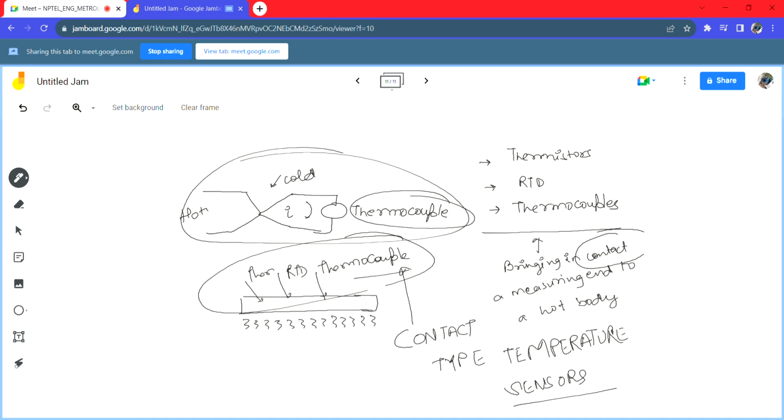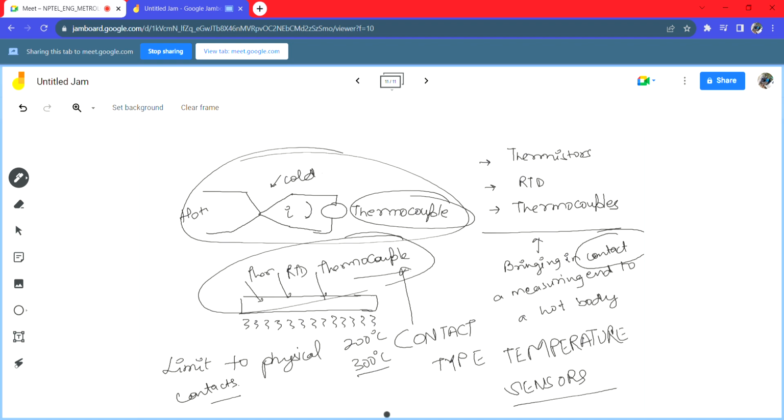Now there is always a limit to physical contacts. How? Let us say this flame is 200 degrees Celsius or 300 degrees Celsius. In that condition, it is possible for us to think of designing a system that can come in contact and measure these values.